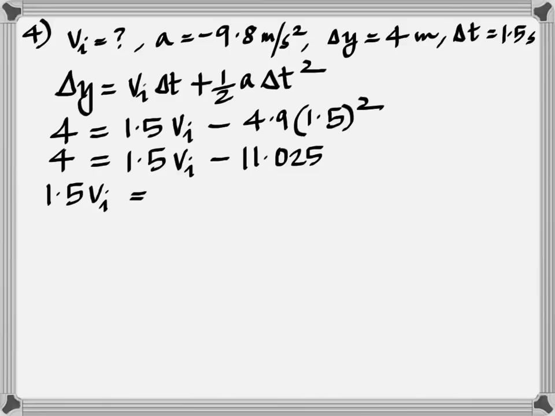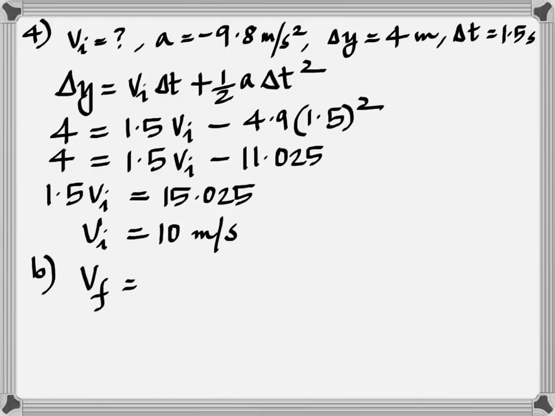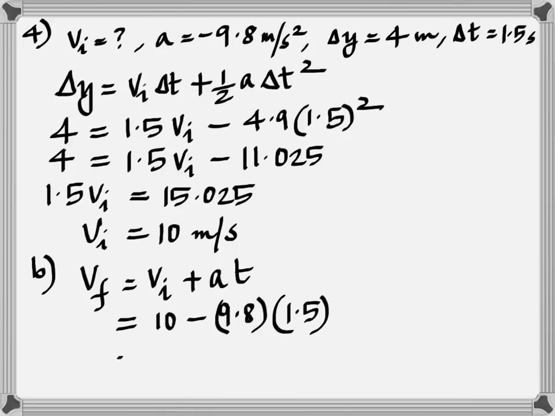Solve this equation to get VI, 10 meters per second. The second part, got to find the velocity of the keys just before they were caught. Remember, the negative shows that the keys were caught on the way down.